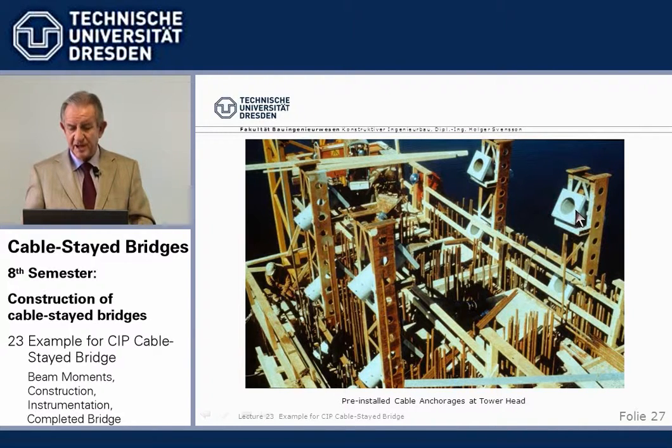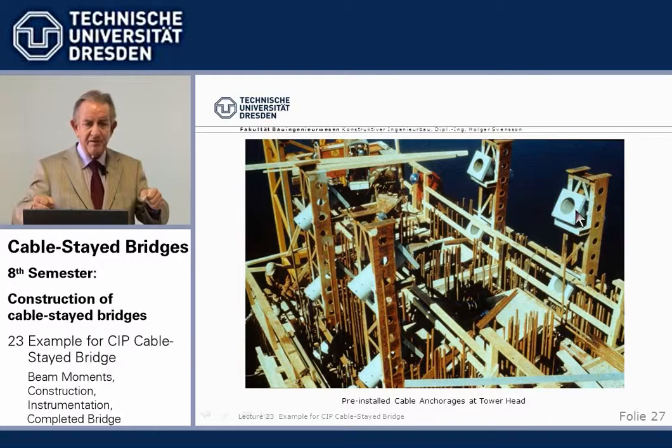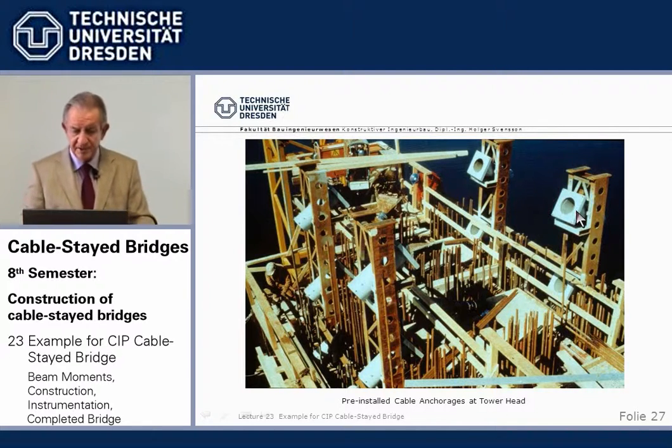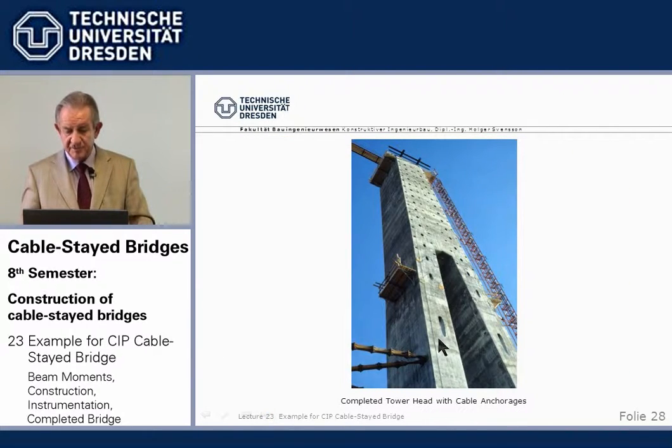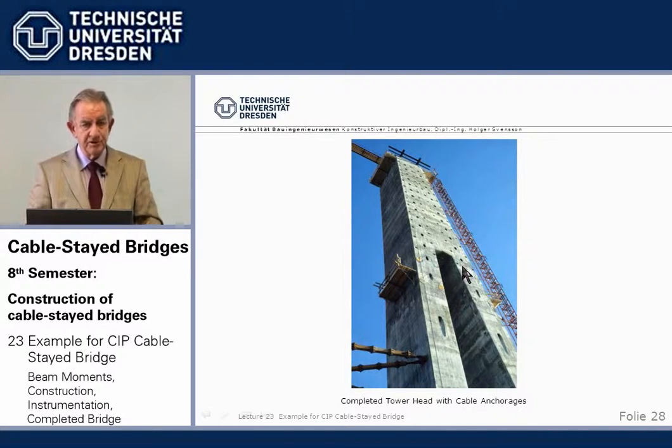So whatever happens, we have a rigid steel frame into which the steel pipes are welded, and they cannot shift whatever happens during casting. This is the completed tower head. We see two types of opening. We see here the steel pipes coming out to cable anchorage, and here we see the anchorages of the loop tendons which connect the two stay cables, which we will see later.